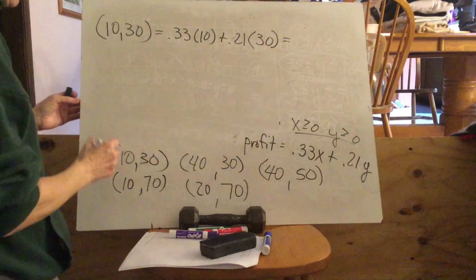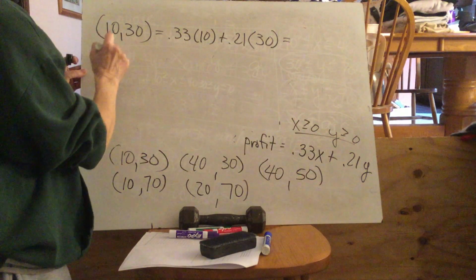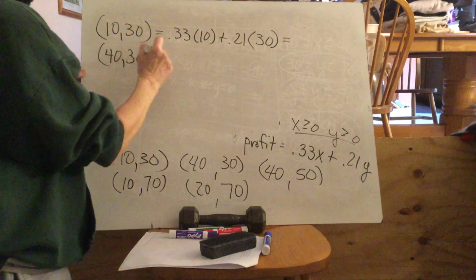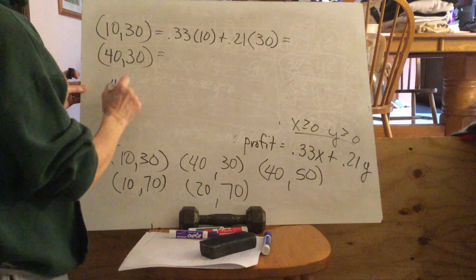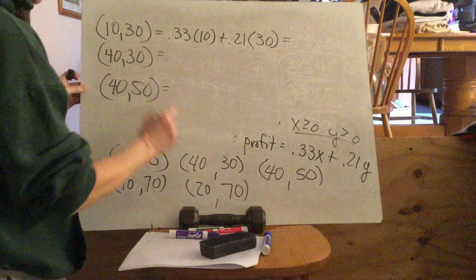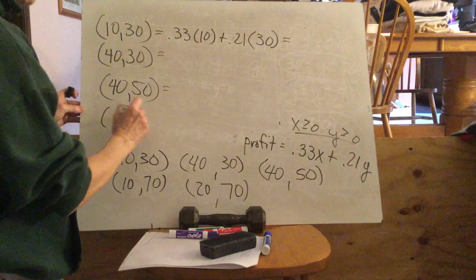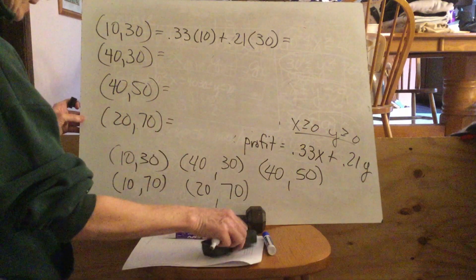And I'm going to do that for every single one of these points. So I have (40, 30), (40, 50), (20, 70). Do these in any order, it doesn't matter, and (10, 70).